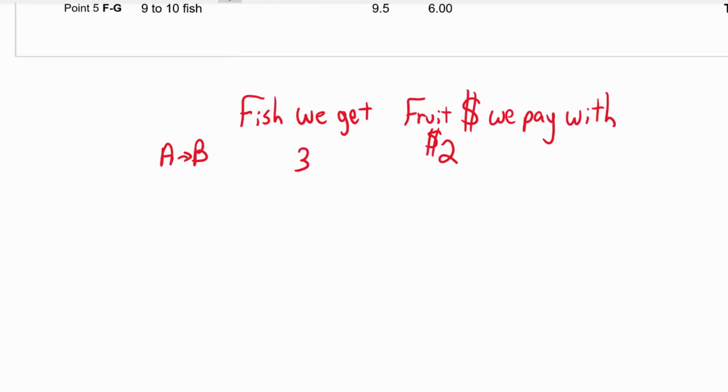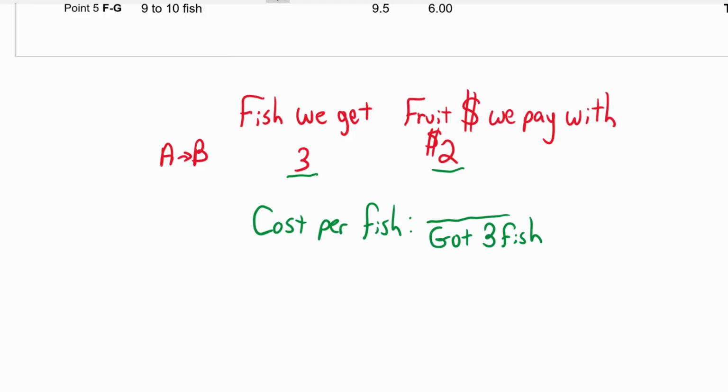If I were to ask you this question, suppose you bought 3 fish and it cost you $2. And then I asked you this question, what was the cost per fish? Well, the calculation is I got 3 fish and it cost $2.